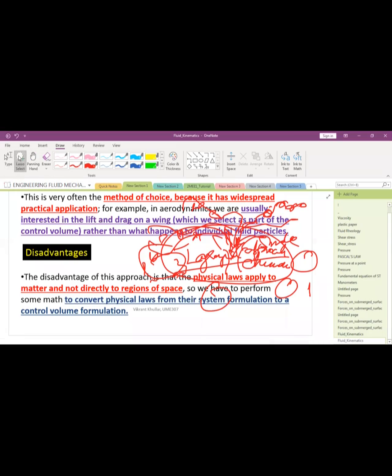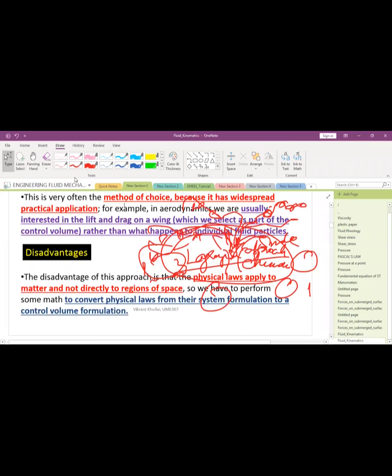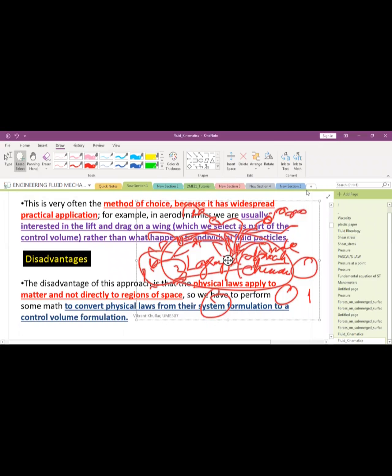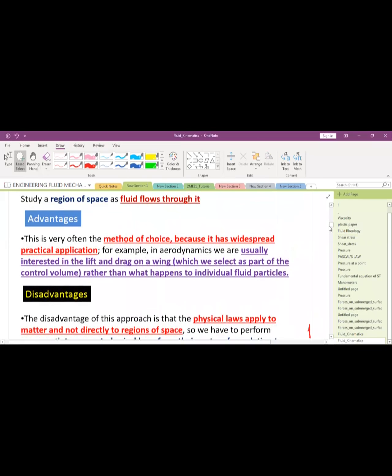किसी को कोई भी डाउट? नाउ Lagrangian approach का बेनिफिट और क्या हो सकता है? What is the benefit? Quickly let me know.